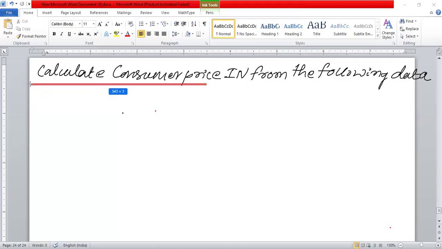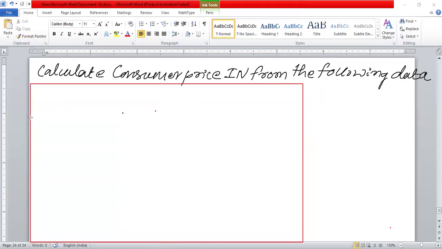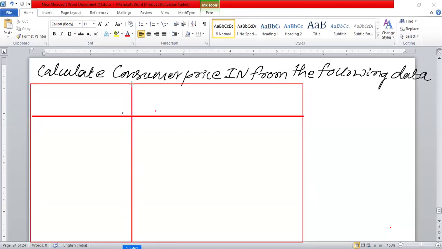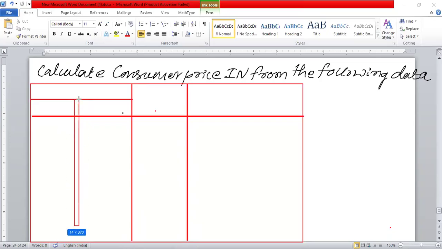So here also weight is given. First one, price 2005, 2010.